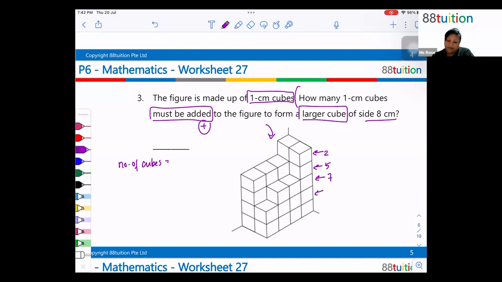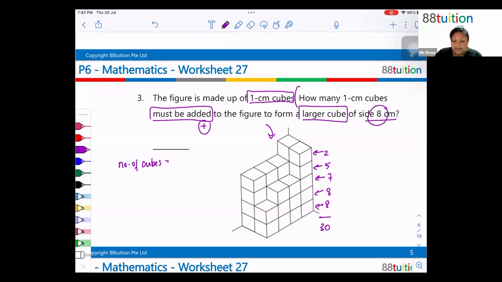Followed by 8 and 8. So total cubes, how many? 30. Okay. So if I go layer by layer, there are 30 cubes here.